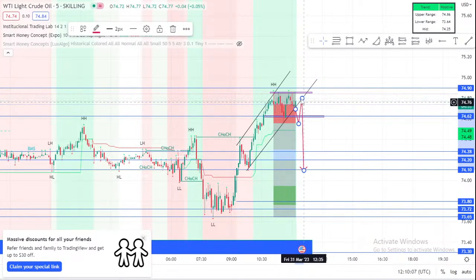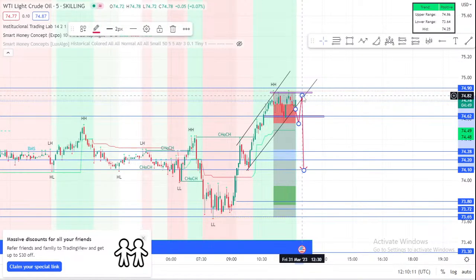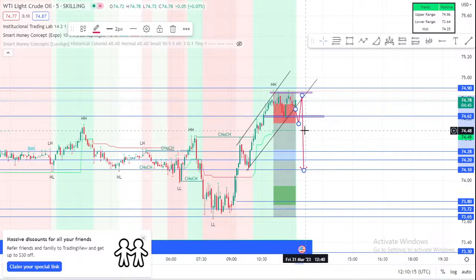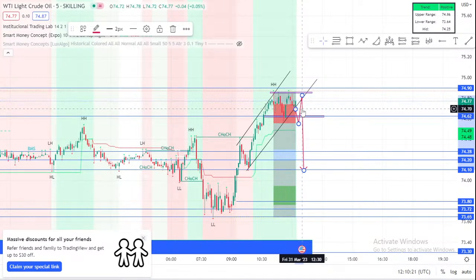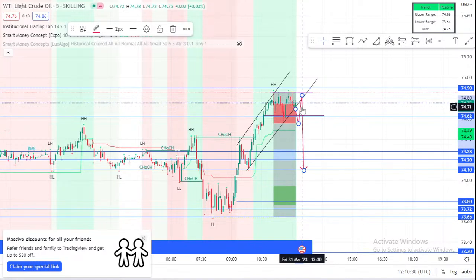If you see it is resisting around this zone, it might go inside just a little, and then it might resist and start moving to the downside. Now you will wait for the first candlestick to form, and then the second candlestick. Once the second candle forms, you can enter with the second candlestick or the third candlestick. So that will help you to be safe.